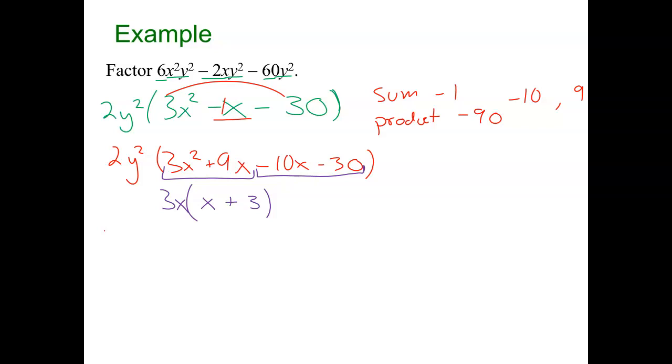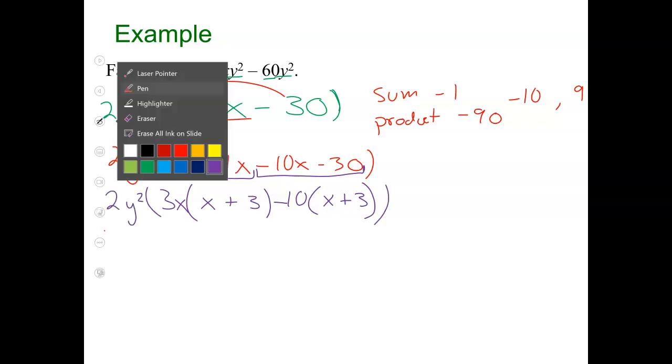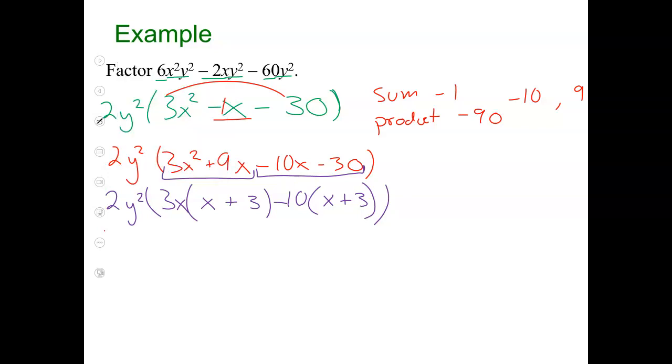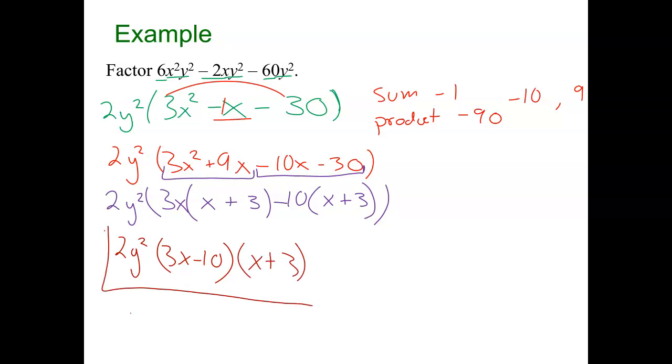I want the greatest common, and I want to make sure that I also end up with exactly this binomial. Negative 10. 2y squared comes along for the ride. So what's one of my other factors? 3x minus 10. And then what's my last factor? x plus 3. Done.